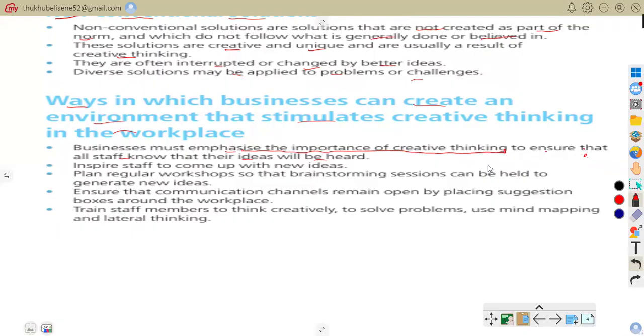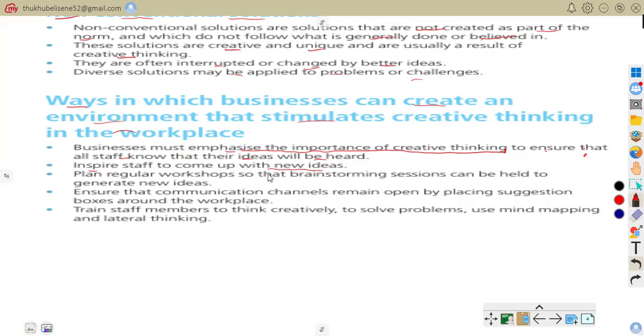For example, managers encourage idea sharing in meetings. Inspire staff to come up with new ideas, meaning motivate employees to think creatively.